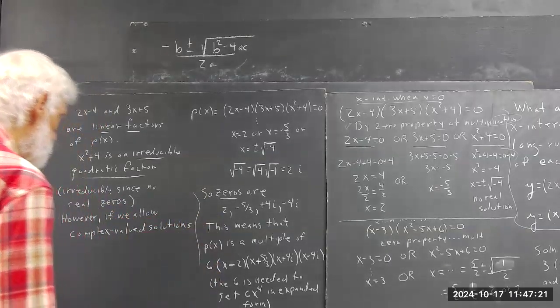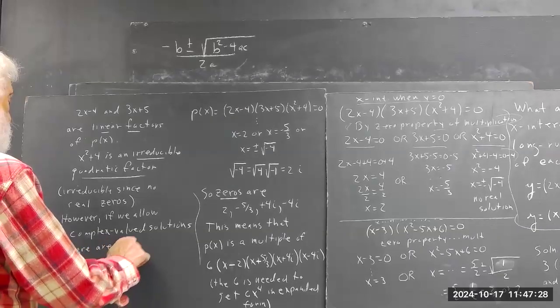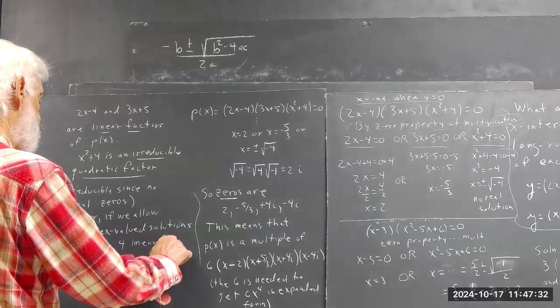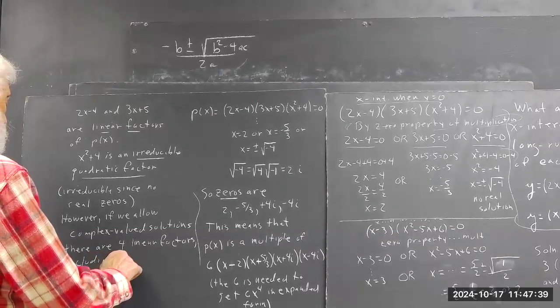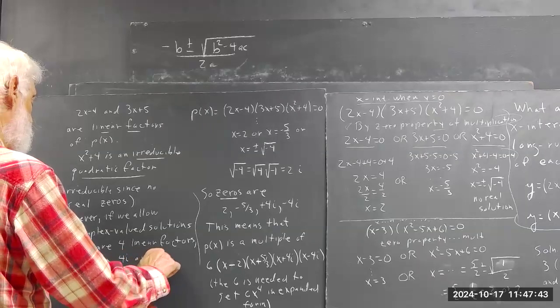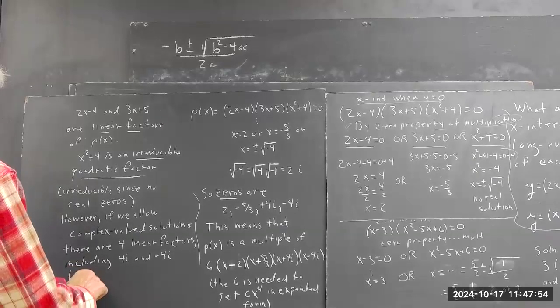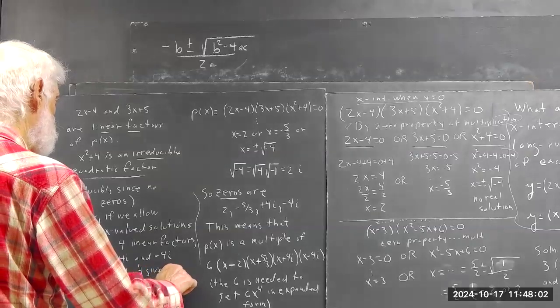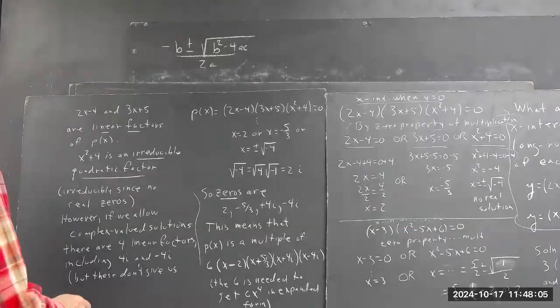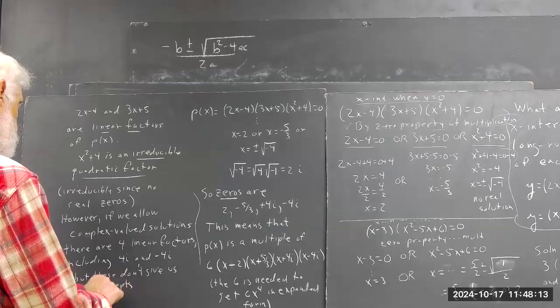So if we allow complex valued solutions, including 4i and negative 4i. Okay. These don't give us x intercepts.